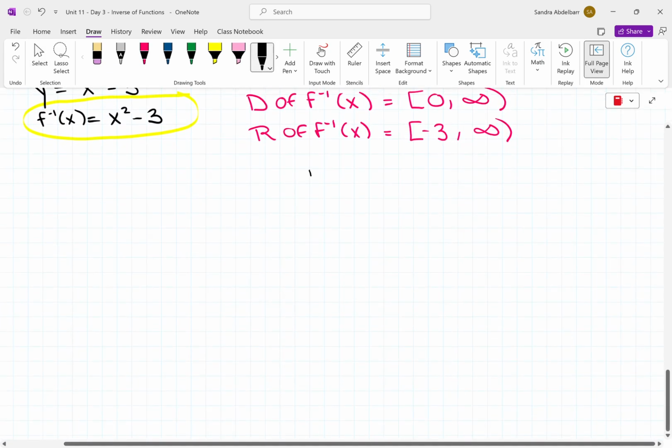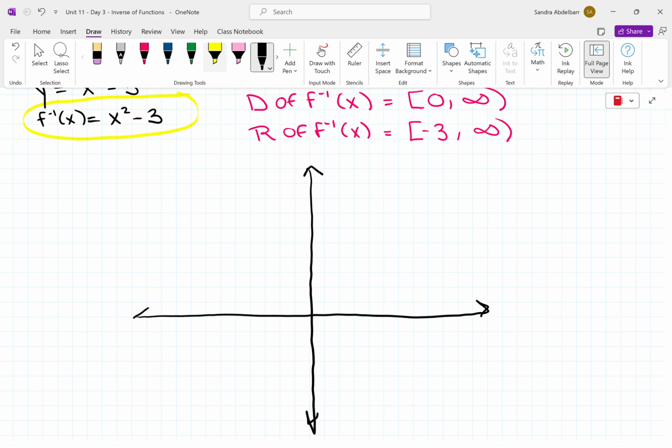Okay, now I'm actually going to graph both of these on the same graph. The first one we have is the shooting star, where it was y equals the root of x plus 3. I want us to find the x-intercept.